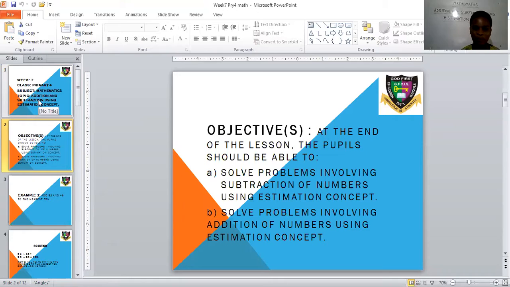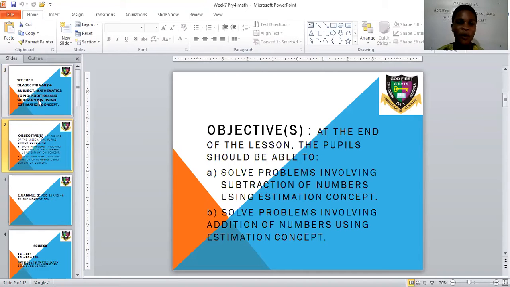Do not forget that in the previous class, we discussed how to use the estimation method to convert numbers. I told you that when you are estimating, you are not getting the accurate answers. You are only getting the closest value to a particular answer.